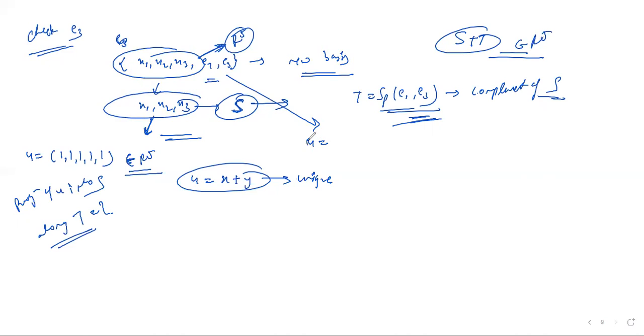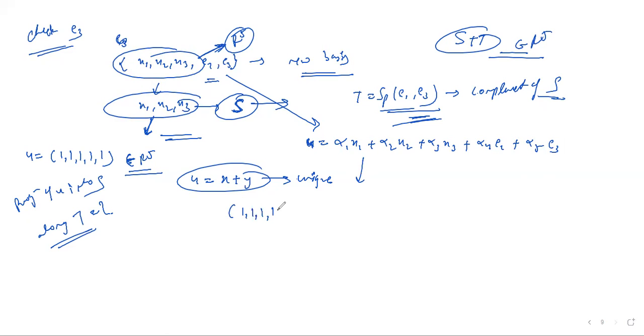So I can write this vector u as alpha 1 x1 plus alpha 2 x2 plus alpha 3 x3 plus alpha 4 e1 plus alpha 5 e3. What is this u vector?